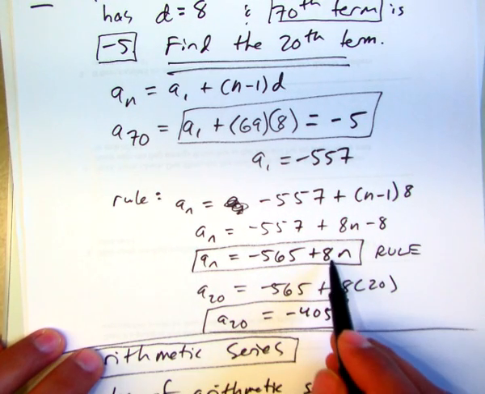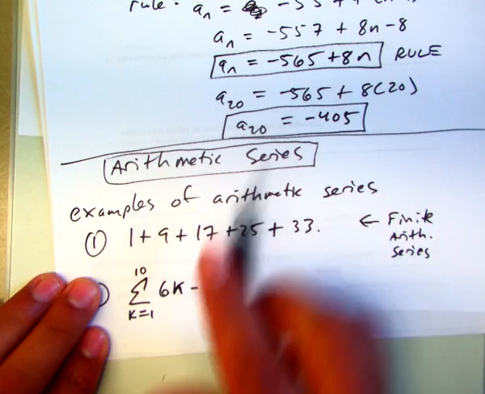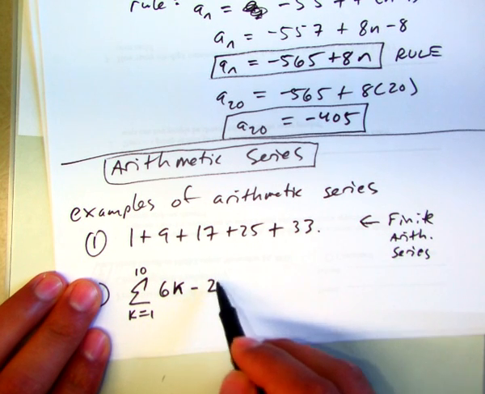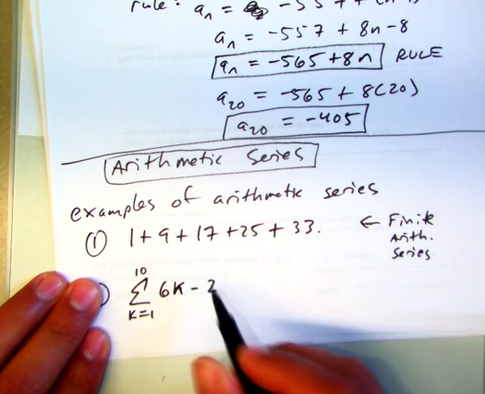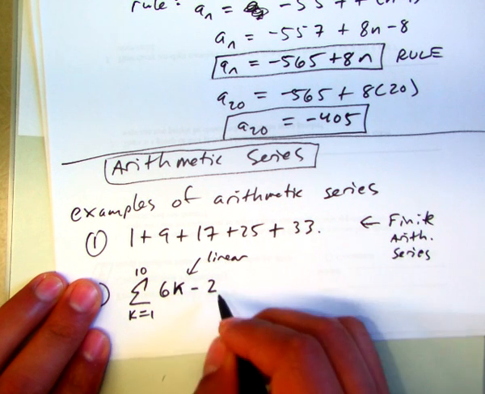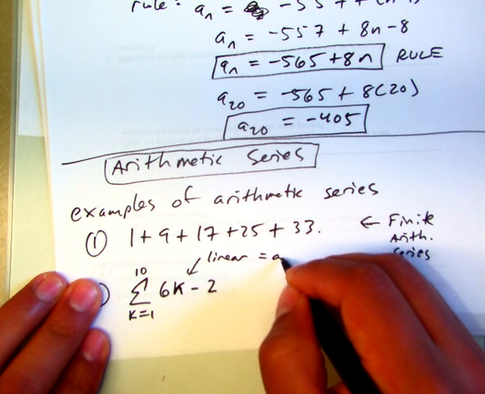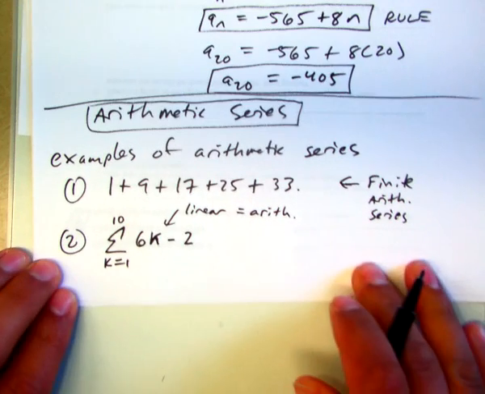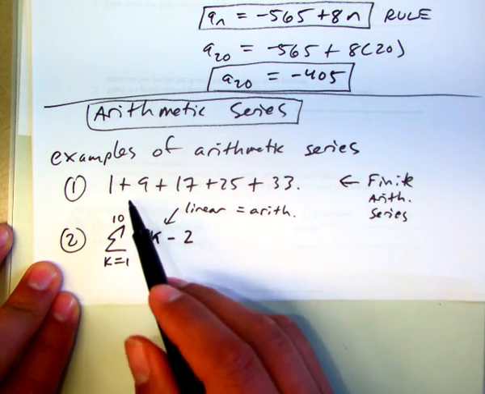It's like mx plus b pretty much. Slope, variable, and then constant. Anytime you see that this is linear, if this is a linear formula, that means arithmetic. Okay, so these are really the two ways that you're going to see a series written out.